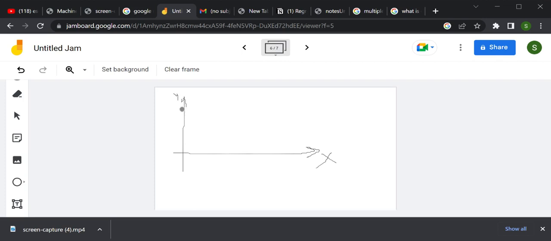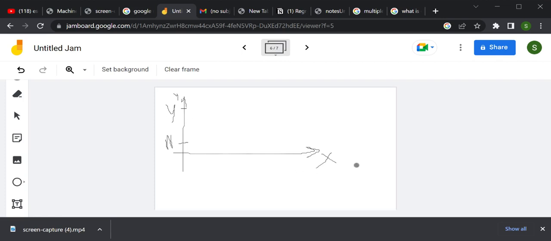Now there are only two possibilities on the y-axis: the human has diabetes, that is yes, or the human has no diabetes, that is no. There is no third possibility, just yes and no.